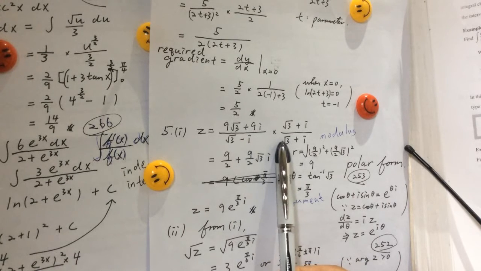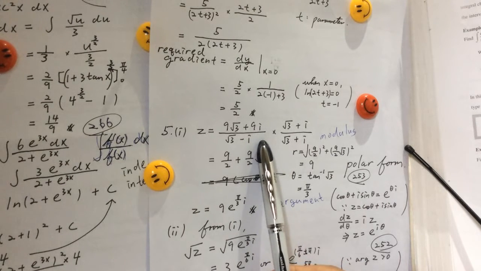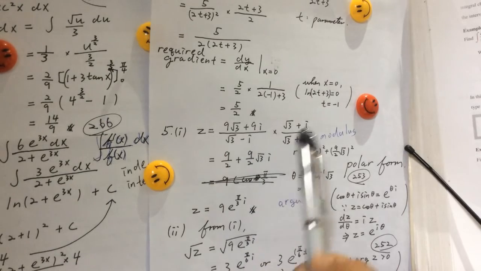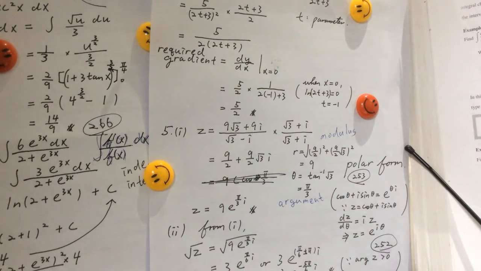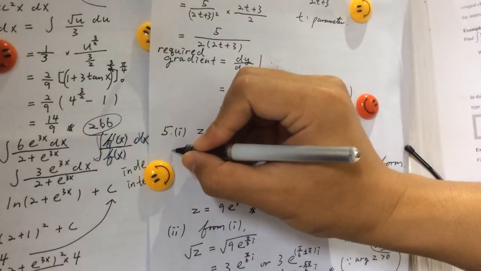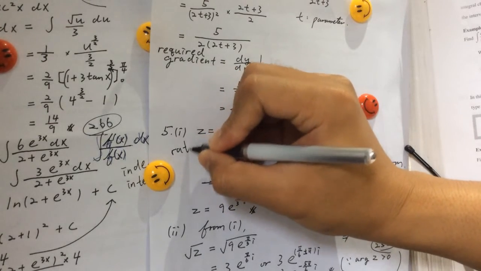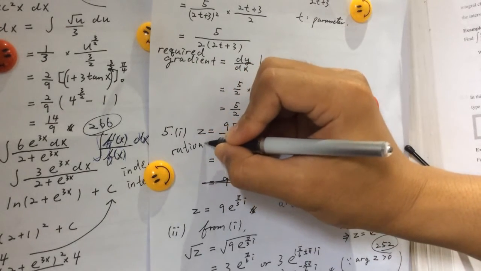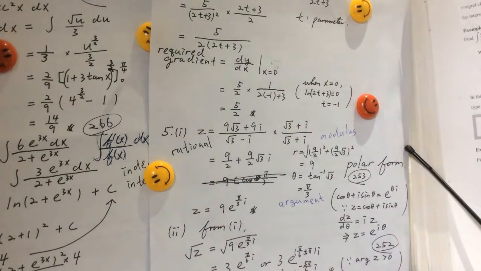We're able to rationalize the denominator to make it rational. 有理化，有理化. Okay.